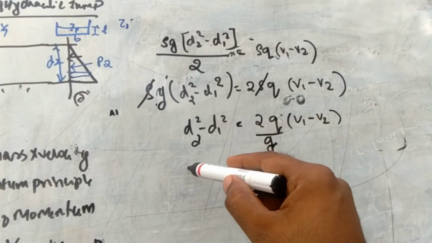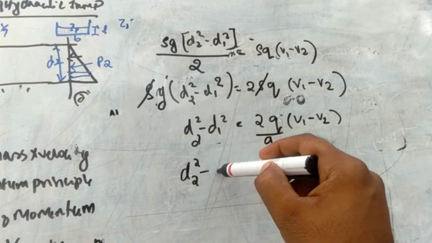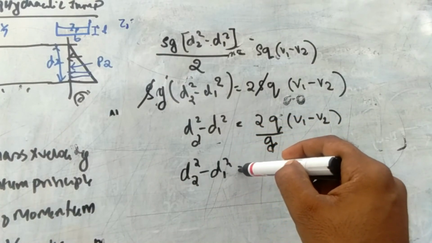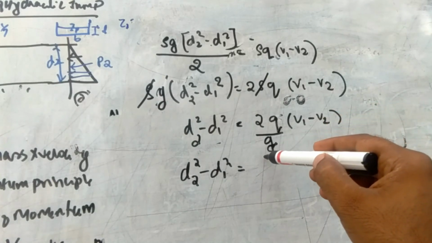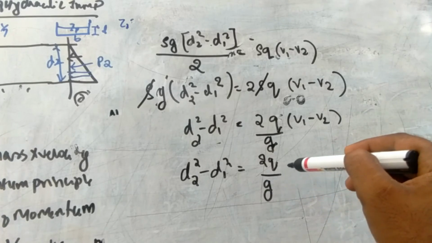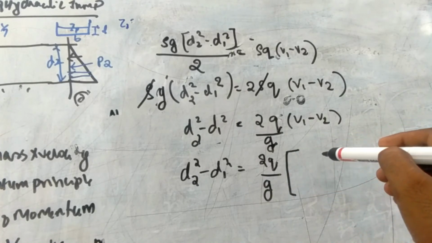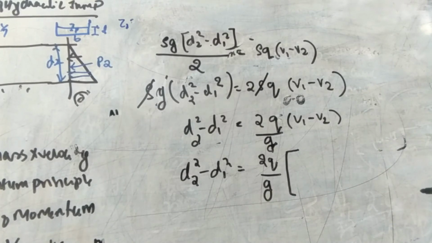Next, d2 square minus d1 square is equal to small q divided by g, with v1 which we discussed in the last class.